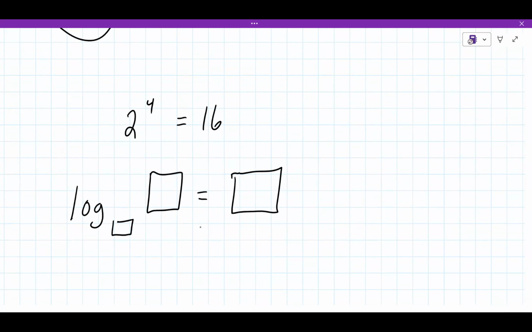So the log would be log base 2 of 16 equals 4. Yep, good. You got it. Woohoo.